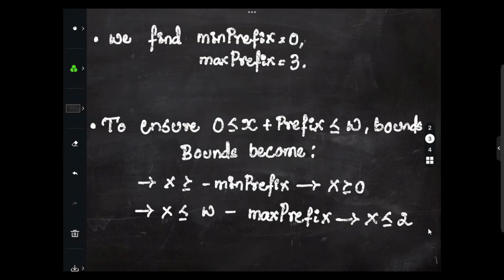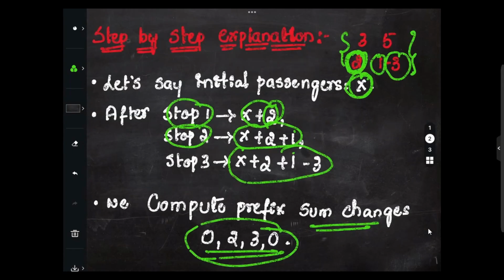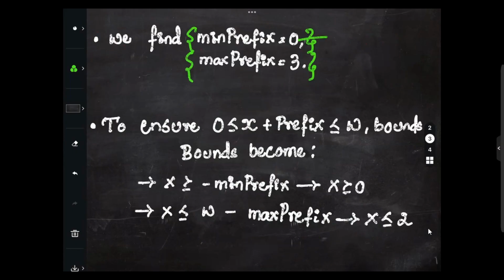So this is fine. The next step would be to keep the minimum and maximum prefix. The minimum prefix sum from the prefix sums is 0, I'll write min p, and the maximum value we will consider as max prefix. So minimum prefix will be 0 and maximum prefix will be 3 here. I hope this part is completely clear, right?